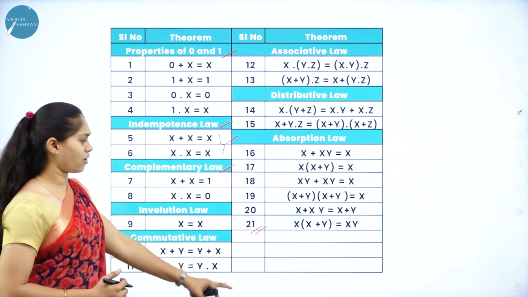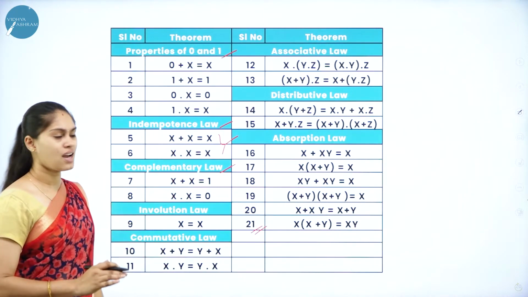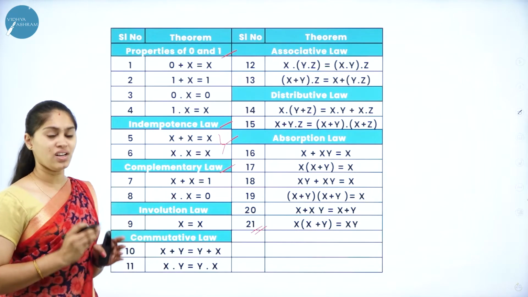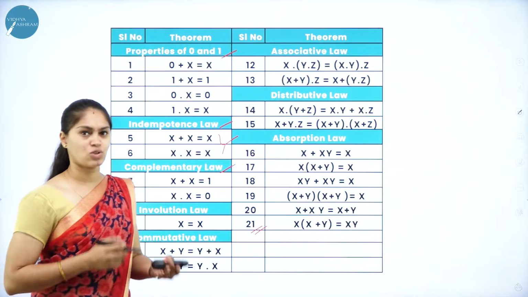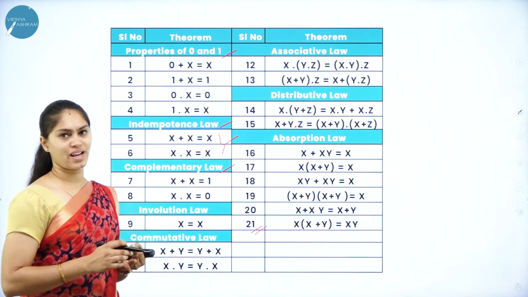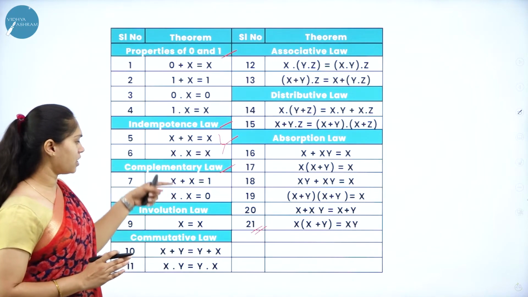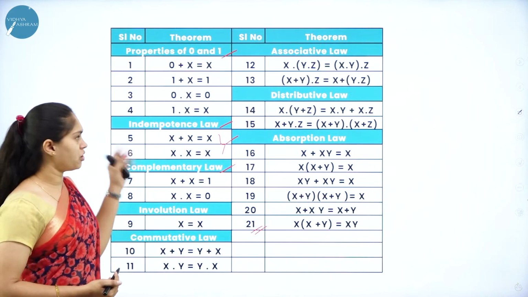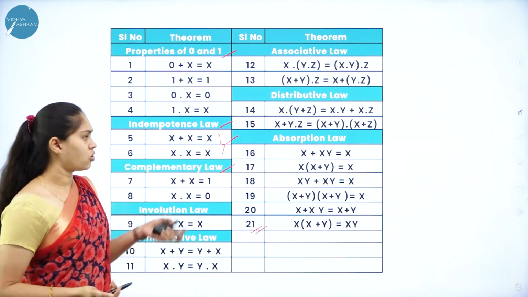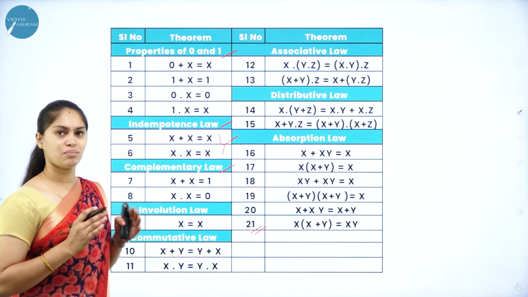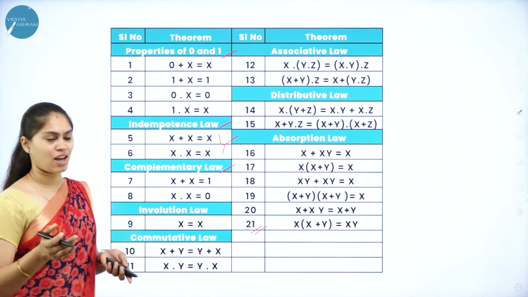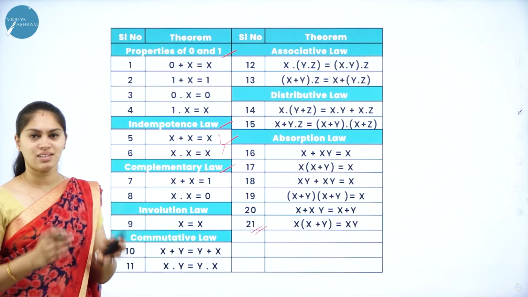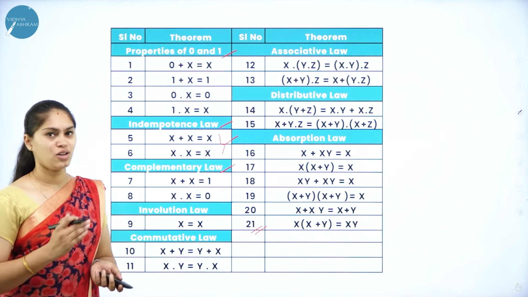All these 21 theorems, 21 laws are very, very important questions from this chapter. If you study this, you can easily score 5 marks, 2 marks as well as 1 mark. Learn the definition of each law here and learn which theorems come under this particular law. This is the important tabular column that I have made in order to make the chapter called Boolean Algebra easy.